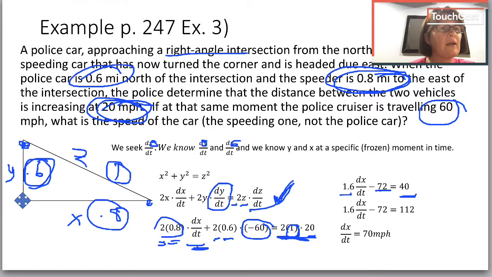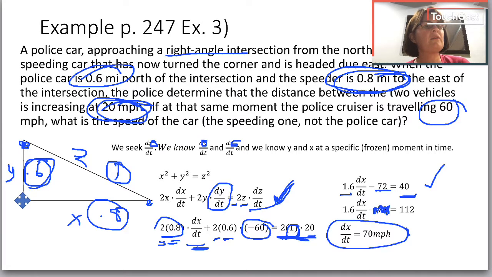I'm noticing a typo here. We're okay here. My next step would be add 72 to both sides, but it looks like I forgot to move that once I did. And I'm going to divide both sides by 1.6, so 112 divided by 1.6 makes 70. And I can find out that the speeder at that moment is going 70 miles per hour.